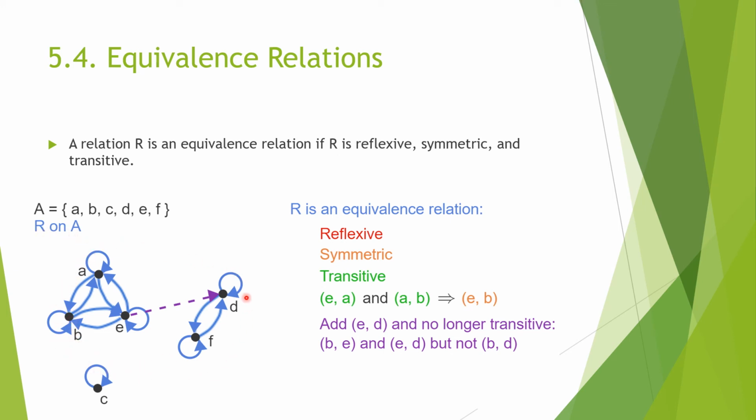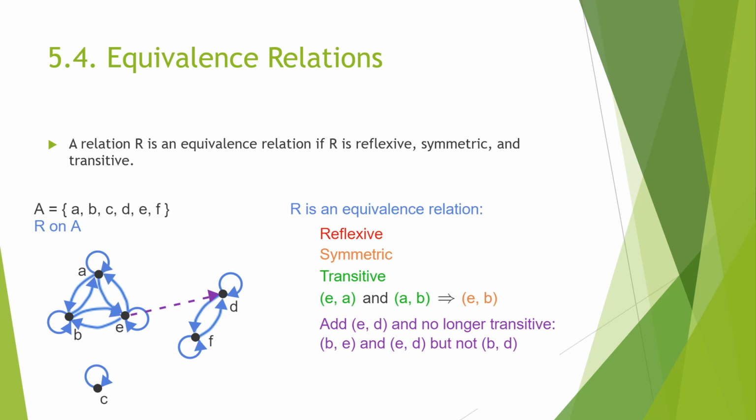As you see, this relation is reflexive because every vertex has a self loop. It is symmetric because for every edge, there is another edge in the opposite direction. And it is transitive because for every 3 elements in the domain, like x, y, and z, if x is related to y and y is related to z, then x is related to z.